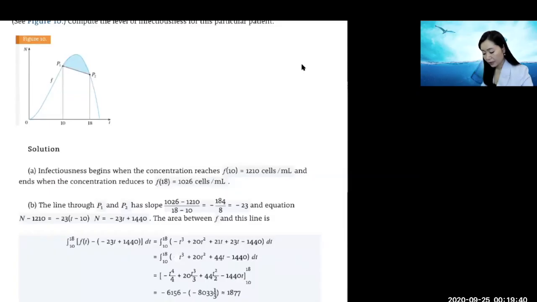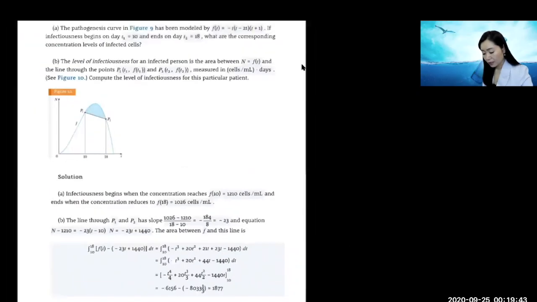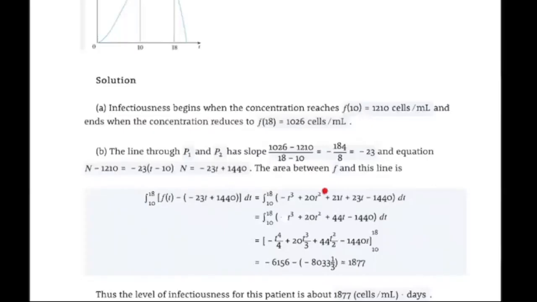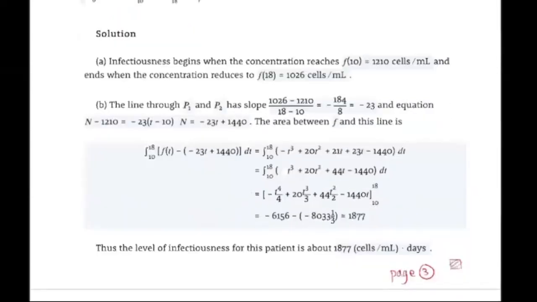That was this function right here. If you multiply this out, you're going to get negative t cubed plus 20t squared plus 21t. Now subtracting this, that becomes this part right here. And you combine like terms, 21t plus 23t is 44t.